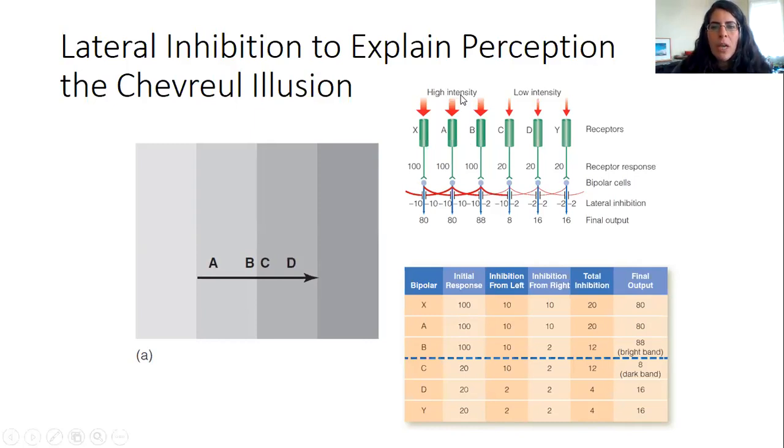So if we look at our top figure here where it says high intensity and low intensity, we have receptors that are being stimulated at points A and B, C and D, and all of those have neighboring cells, okay? Now, for the high intensity light, that's about 100 units of energy.